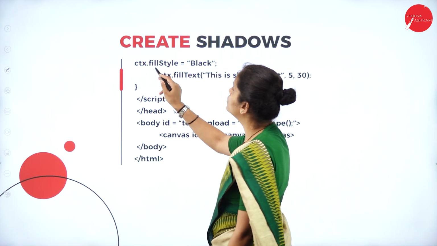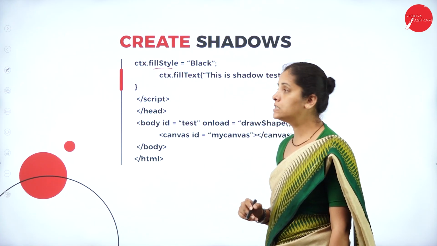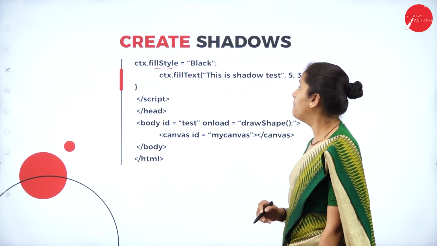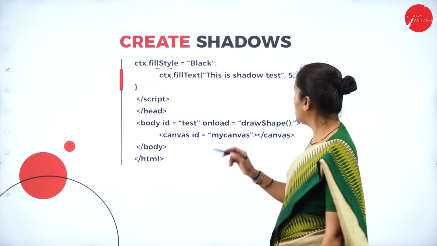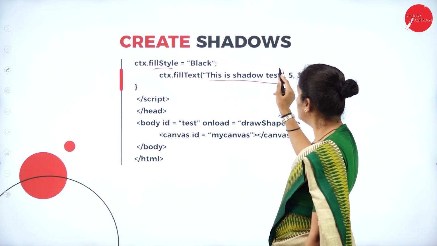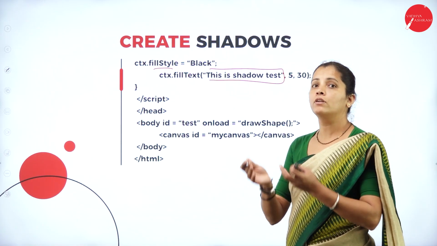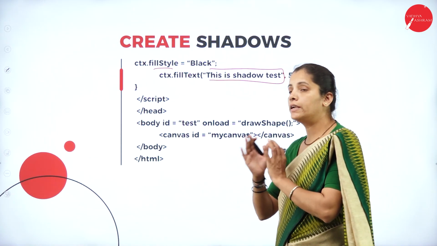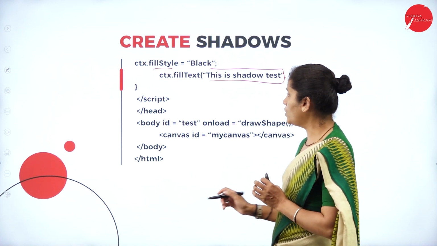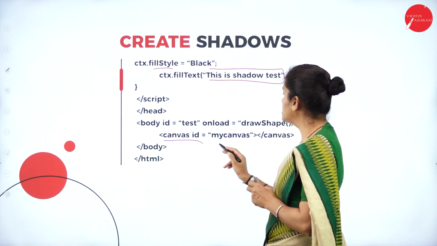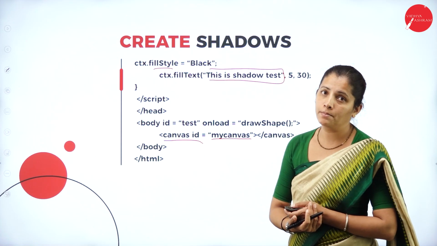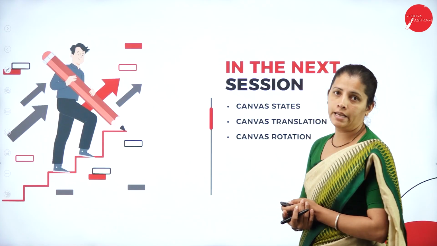I'm going to specify the fillStyle. Now I have a text, this is shadow text, and for this text I want to create a shadow. What is my canvas ID? My canvas is nothing but the canvas ID.